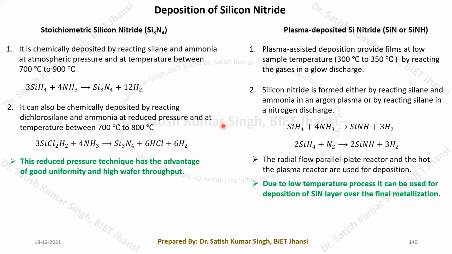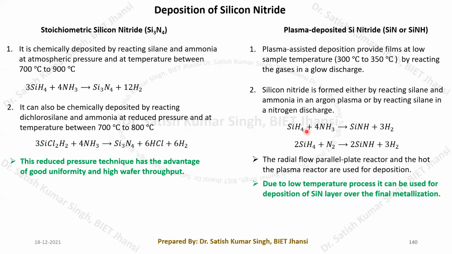The last one is the plasma deposited silicon nitride. In plasma deposited silicon nitride, we create an argon plasma. Because of the glow discharge, the gas molecules become active and then start making the reaction.